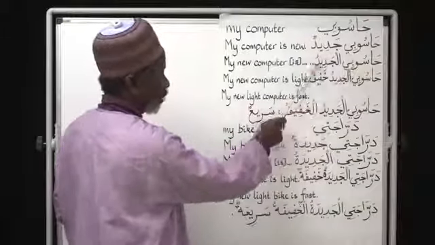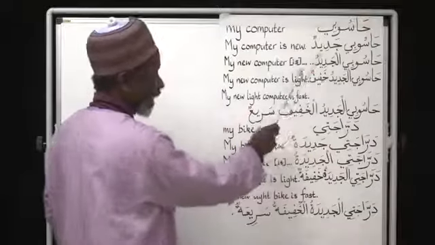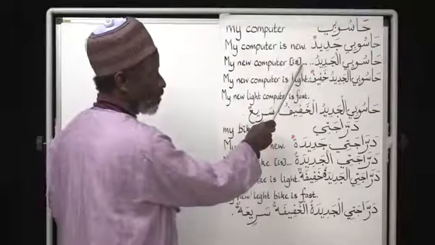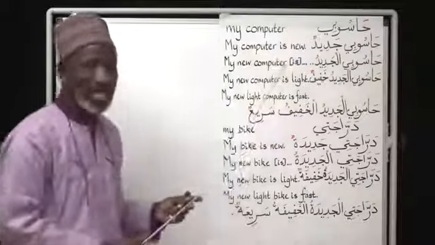Hasubil jadidu, we define the al jadid with al, and that's not a complete phrase. My new computer is, so it's not a complete sentence. By completing that, we can say hasubil jadidu khafifun. We drop the al, we have khafifun, we achieve my new computer is light.